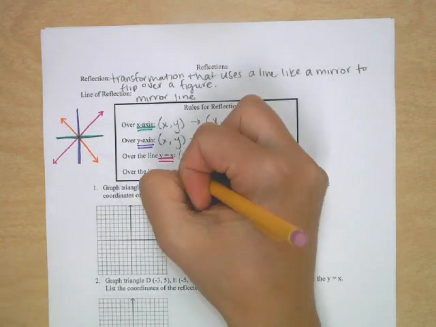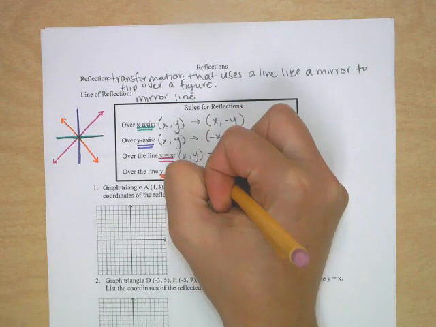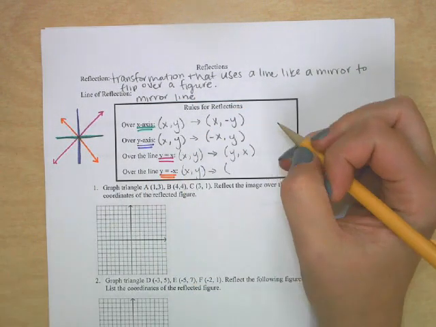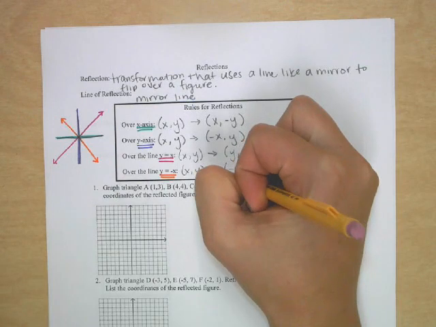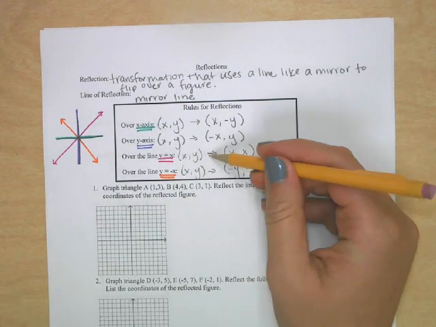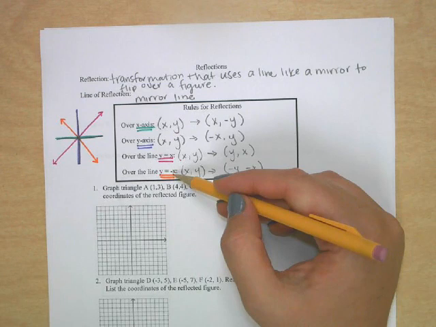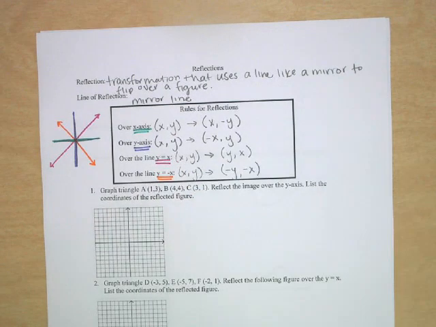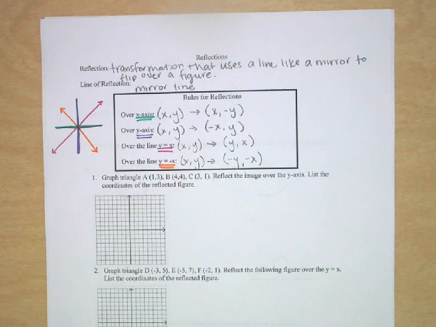And the rule for that one is if we start with X, Y, that's going to turn into negative Y, negative X. So it's still flipped like the y equals x, but since it's over the negative, it's going to end up both being negative. So let's do these three problems together.